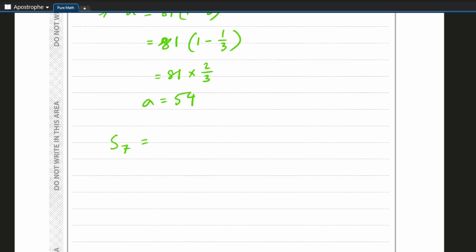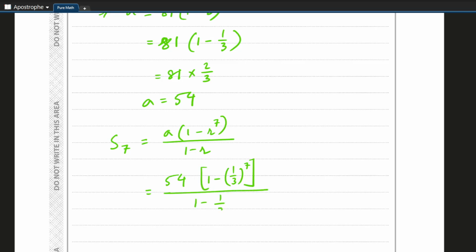So that means S7 is equal to a times 1 minus r to the power 7 over 1 minus r. In here a is equal to 54, 1 minus 1 over 3 to the power 7, divided by 1 minus 1 over 3.